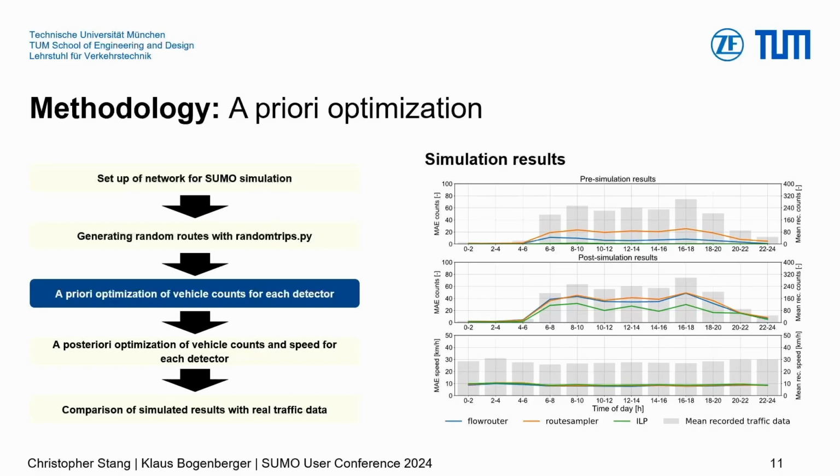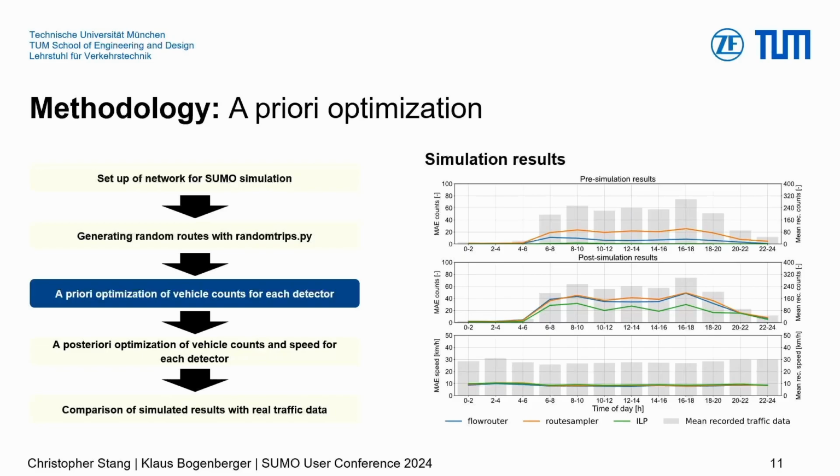But as I already said, we also have to take a look at the post-simulation results, because any a priori optimization technique, especially integer linear programming, cannot take into account the traffic dynamics that result from a traffic simulation. There can be a traffic jam, maybe as a result of the actuation of traffic lights.